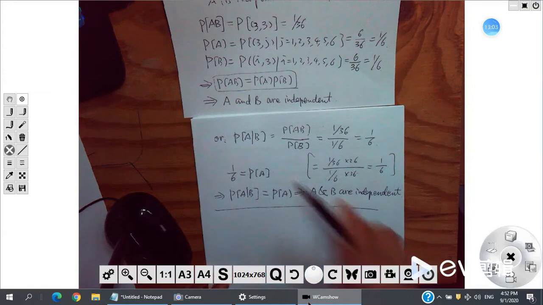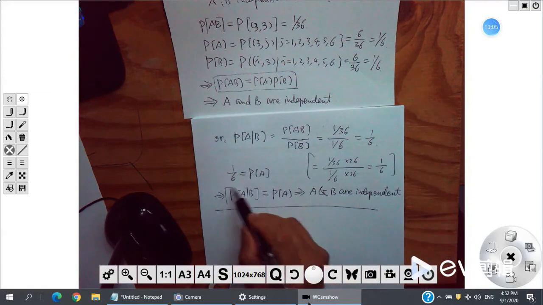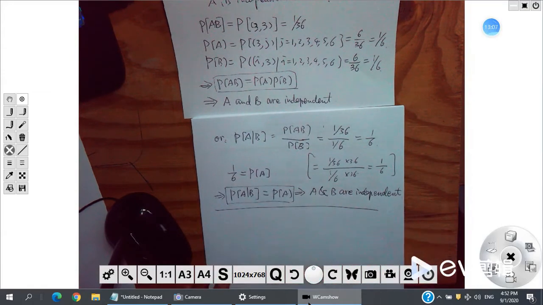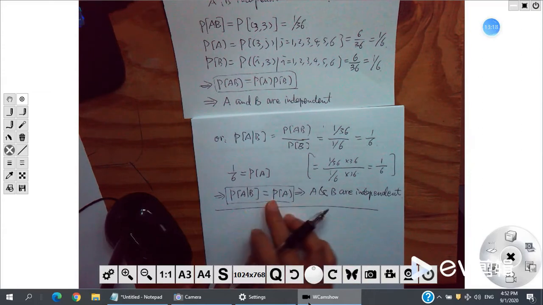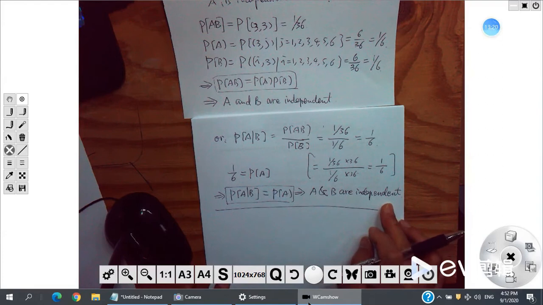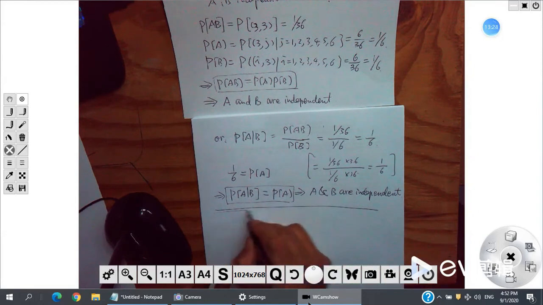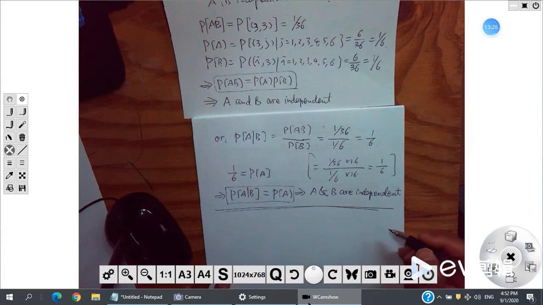You use this formula or this formula, and you can also use the other one, using A as a condition. There's PB on the condition A equal to PB. You check that, then it is independent. All right. So this is how to check independence.